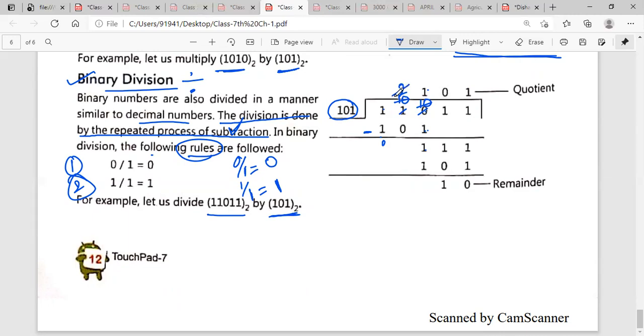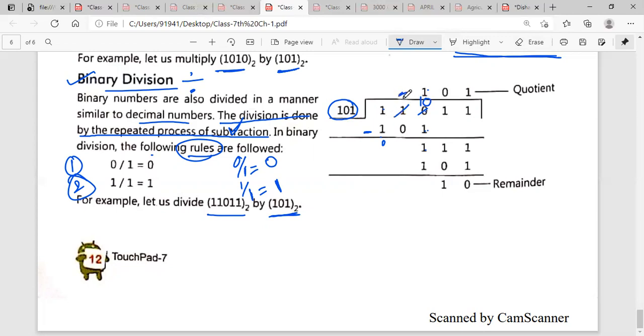Now from 2 we will take a 1 borrow. Okay, here will become 2 and here will remain 1. Okay, now you can see again. Now here will become a 10.